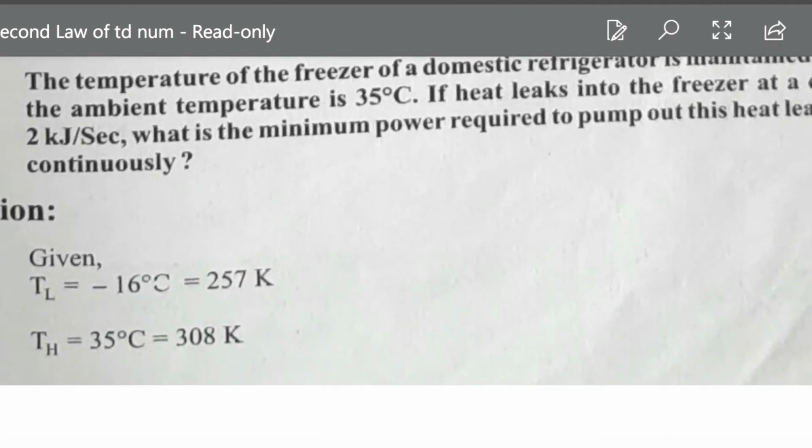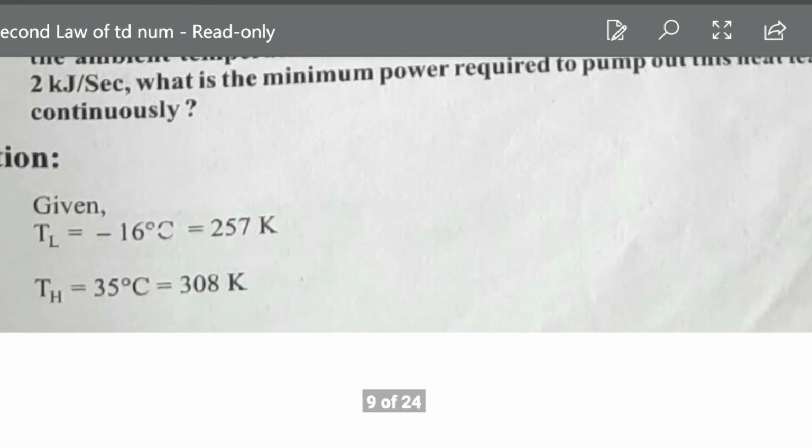Okay, so given data, sink temperature TL equal to minus 16 degrees centigrade, equal to 257 Kelvin, and source temperature TH equal to 35 degrees centigrade, that is equal to 308 Kelvin.